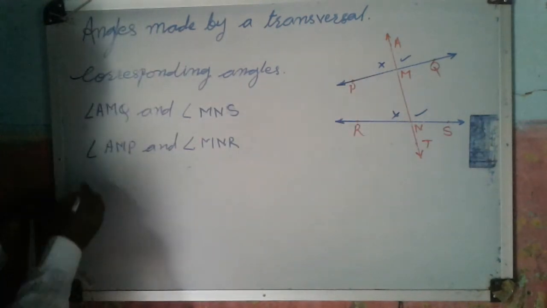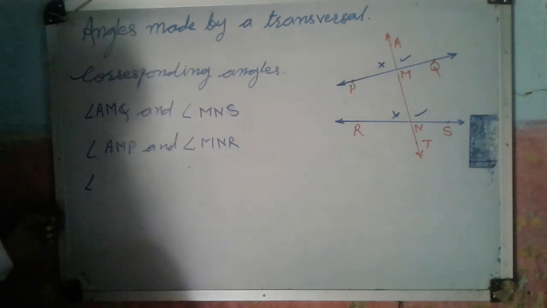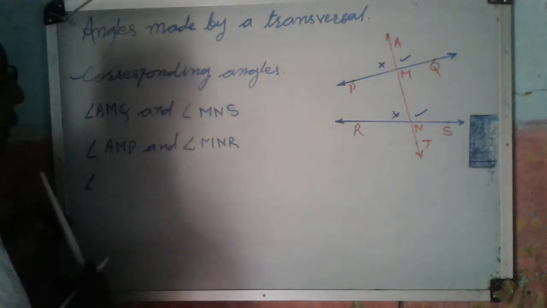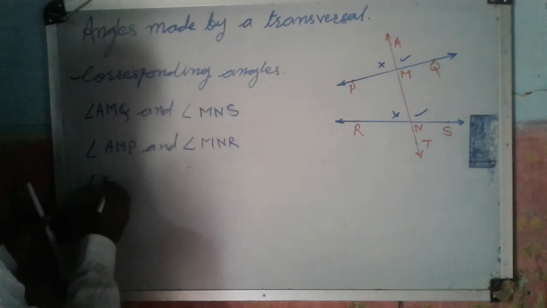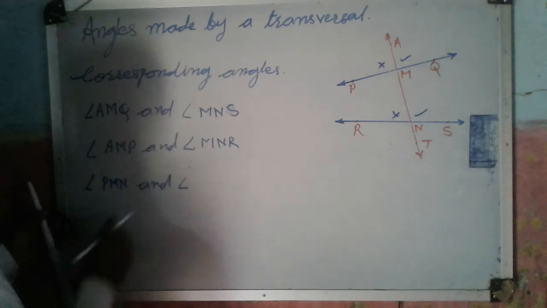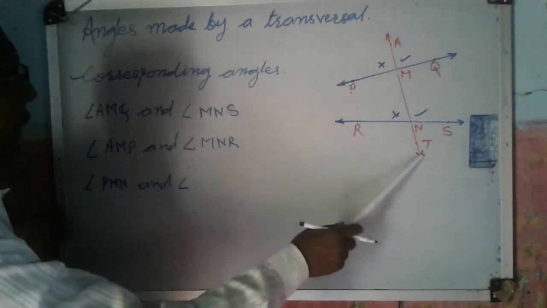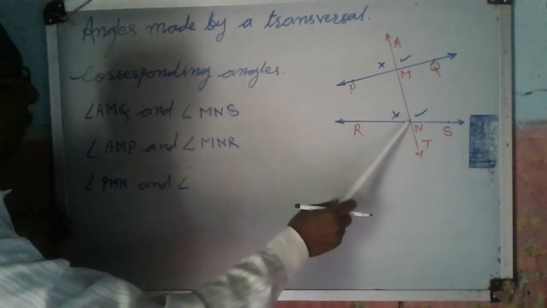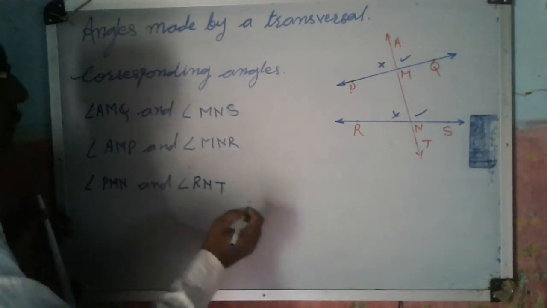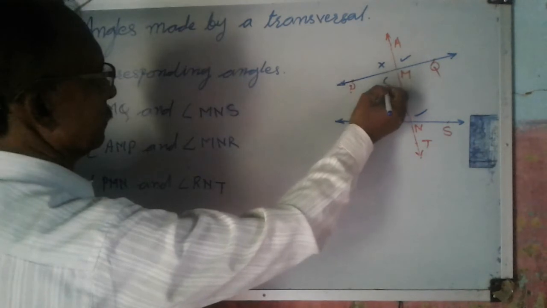Now another pair is angle PMN and angle RNC. This pair.